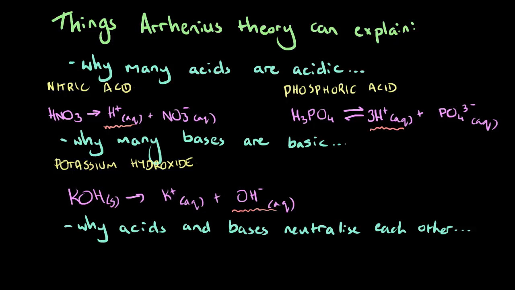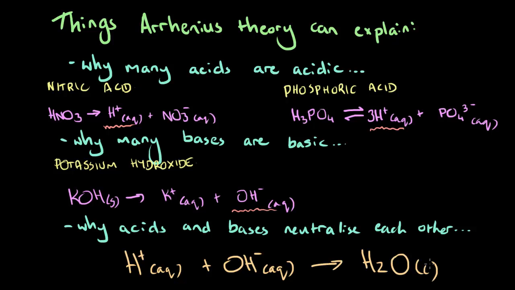The other good thing about this theory is it's able to help us explain why acids and bases can neutralize each other. If you consider an acid to basically be H+ ions in a solution, and you consider a base to be hydroxide ions in a solution, and you're thinking about, well, what actually happens when you mix together an acid with a base?